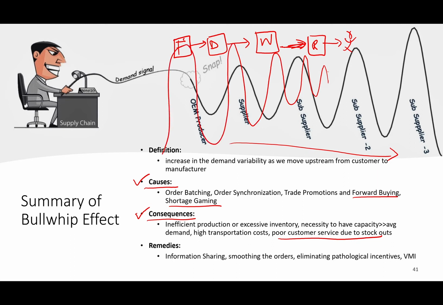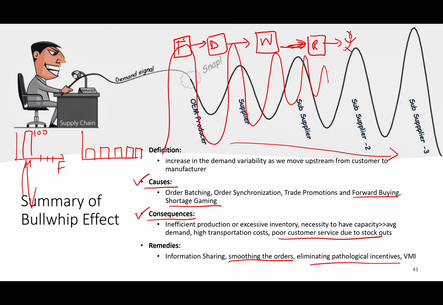Okay. And then we also talked about smoothing the orders, which meant that if you place an order of 100 on Monday and then 0 on Tuesday, Wednesday, Thursday, and Friday, then instead of that, why don't you place the orders a little more uniformly so that the demand variability is not introduced.